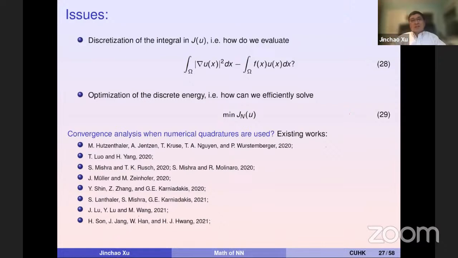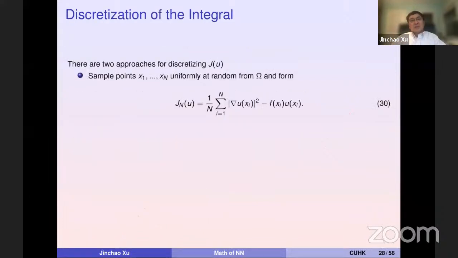That is a reasonable thing to do. But I'm asking further: can you verify all the assumptions? This is some of the things I'm going to mention in the rest of this talk.